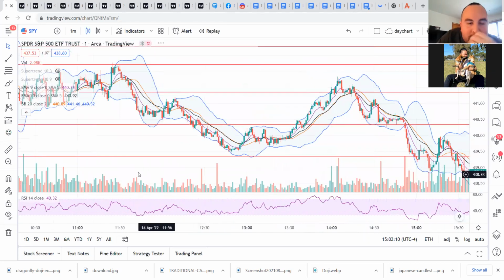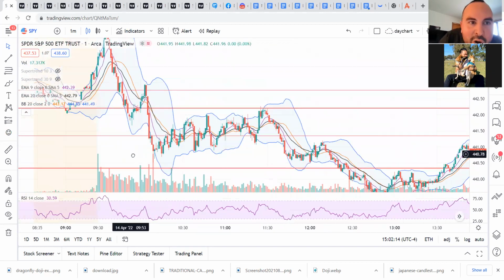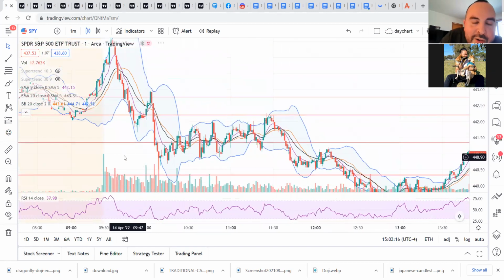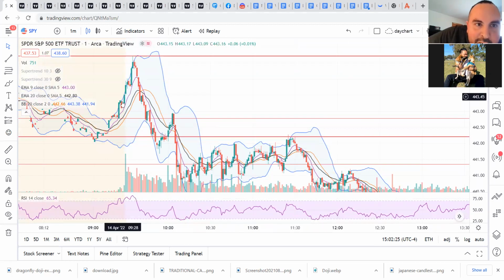I use VWAP, which I'll get into more, with the short term trading. They work similarly, but as you can see here with Bollinger Bands, let me turn these off for you so you can see.